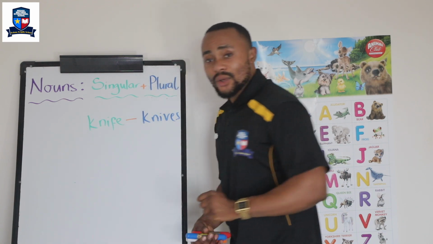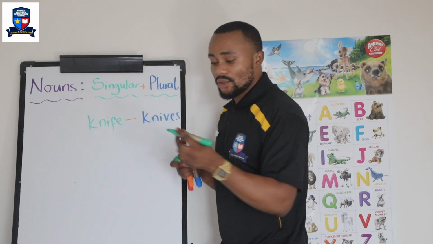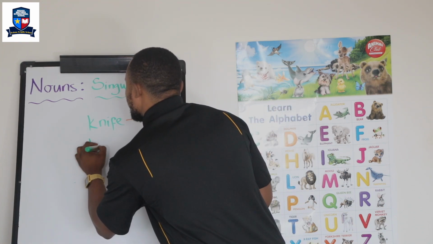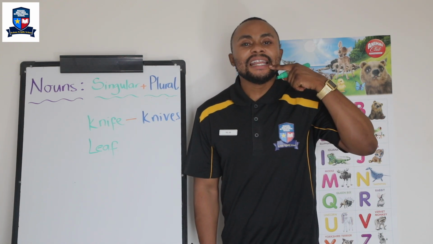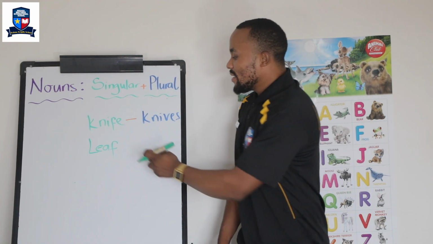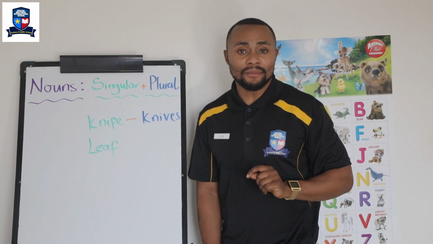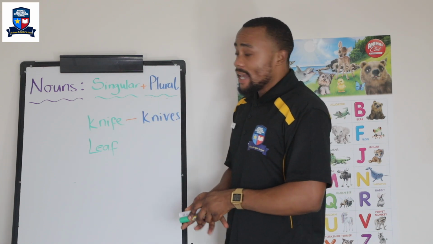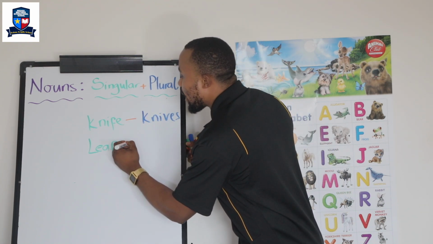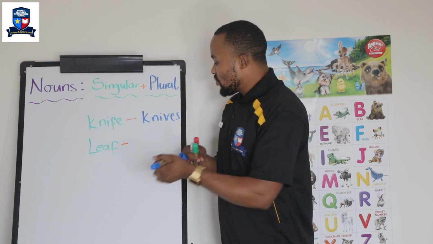Very good. Now let's look at another word. For example, let's look at this one. This word, leaf, okay? This is leaf. It is a singular form, a singular noun. But if we're going to change it into plural form, this also changes a little bit.